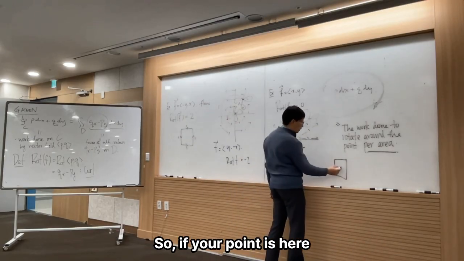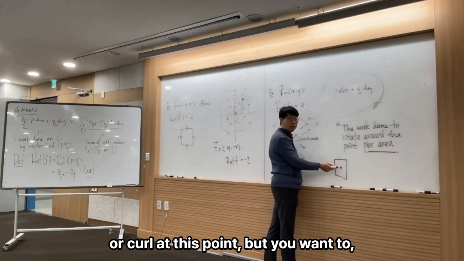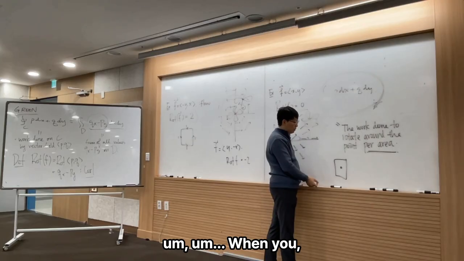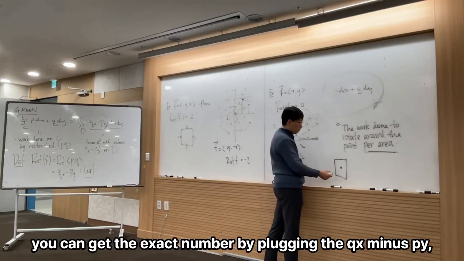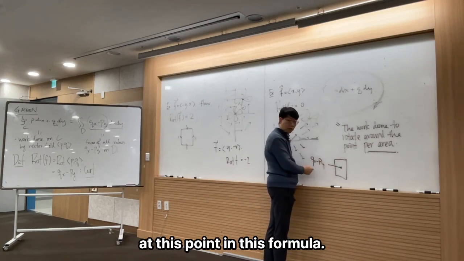If your point is here and you want to compute the rotation or curl at this point, you can get the exact number by plugging qx minus py at this point into this formula.